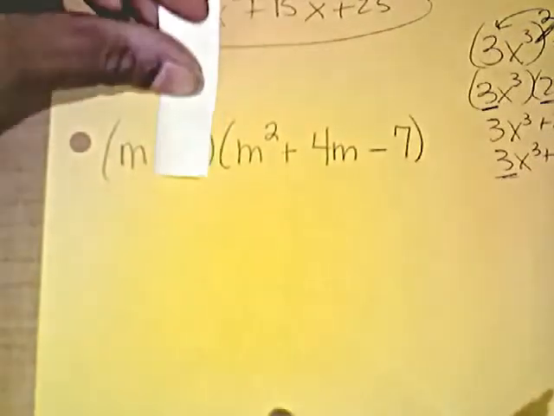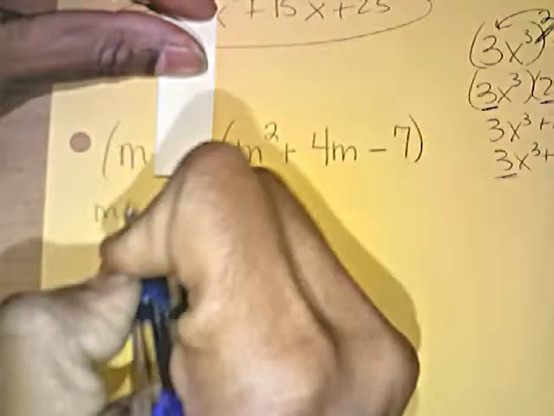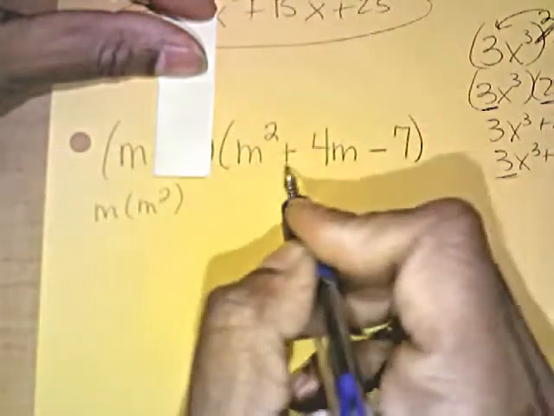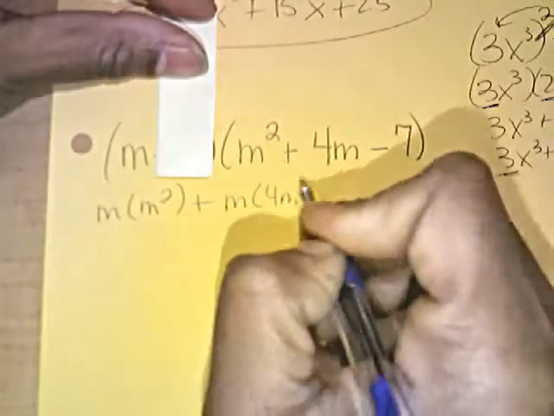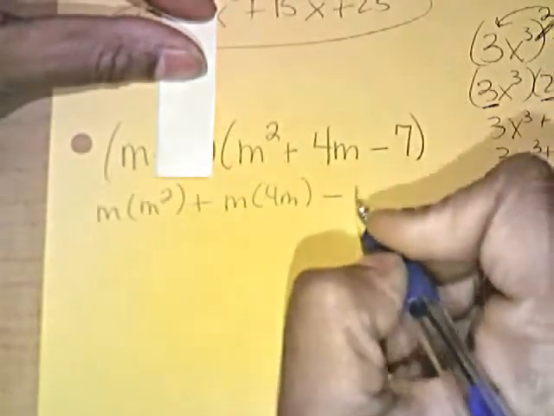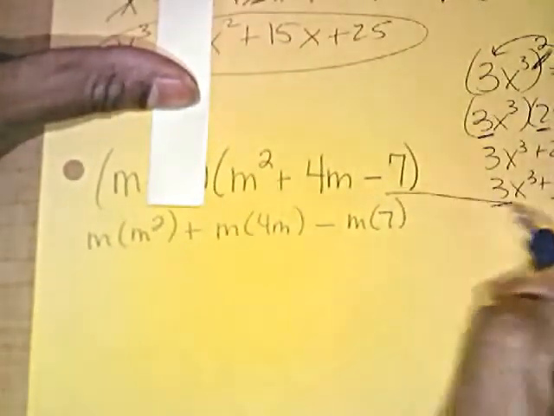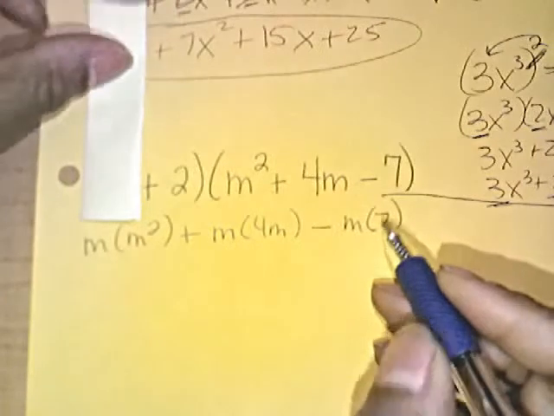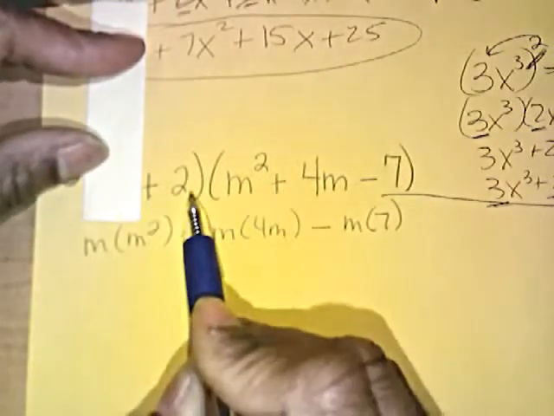First, I'm going to cover that up. It's positive, so I'm going to go m times m squared, plus m times 4m, minus m times 7. Come over here. This is a plus 2. One day that's going to be a minus 2, but right now it's a plus 2.